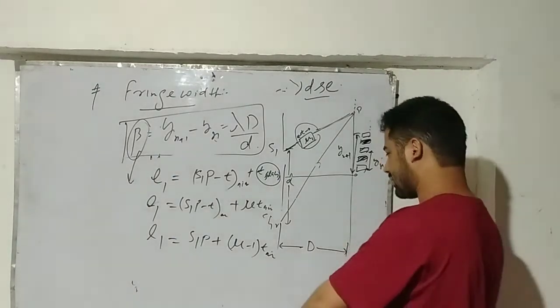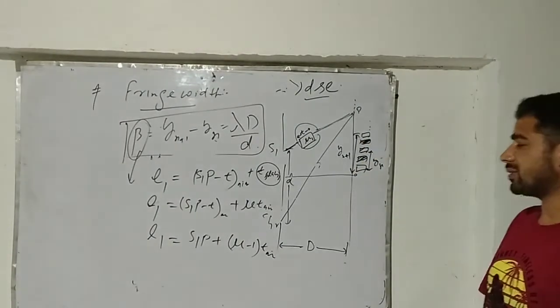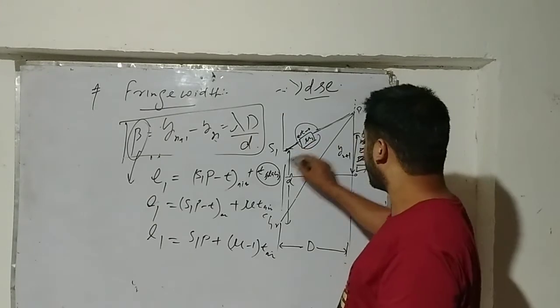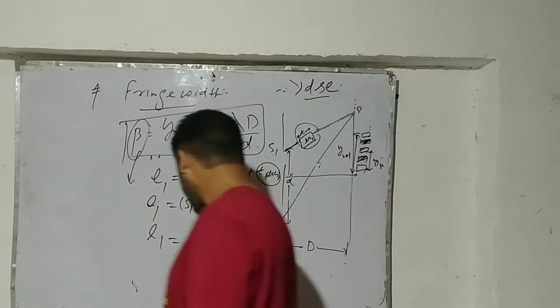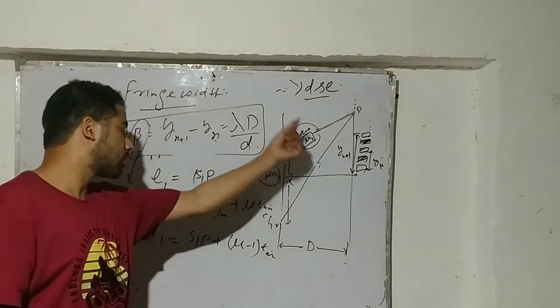This is very simple to understand. This is the path length for the light ray that passes through the slit first.